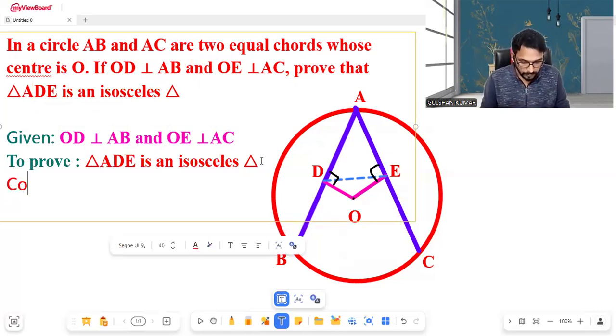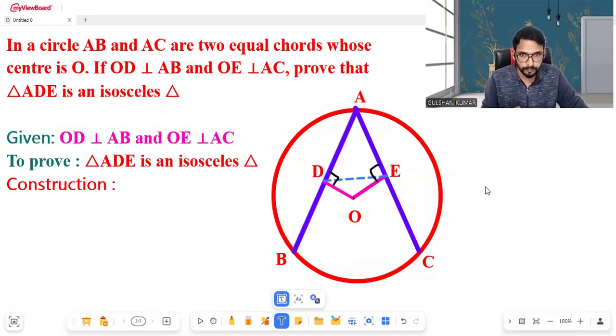Now, there is a little bit of construction so that we can easily solve our question.